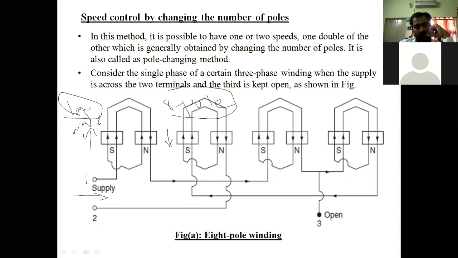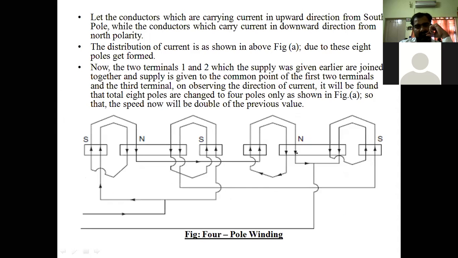Now I am going to convert this 8 pole system into a 4 pole system. What will happen? The connection changes from 8 pole to 4 pole. Then whatever speed the induction motor has is going to be double.